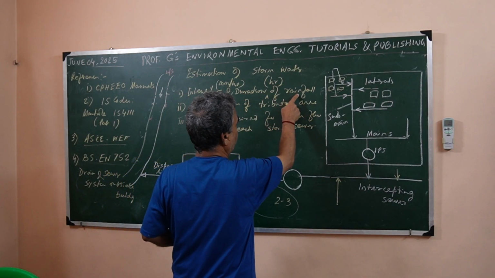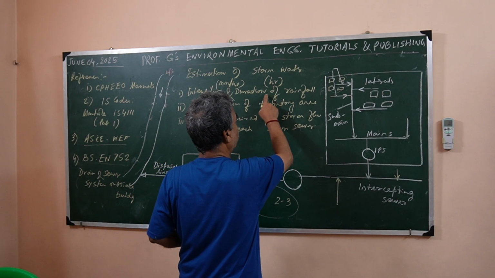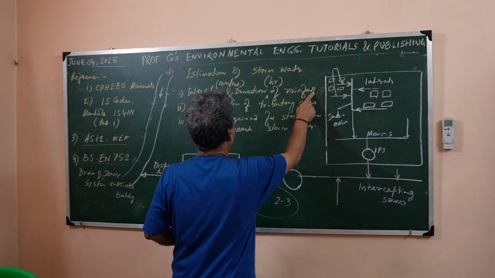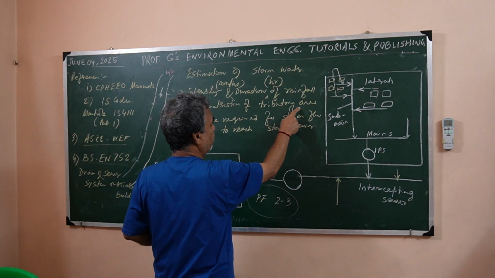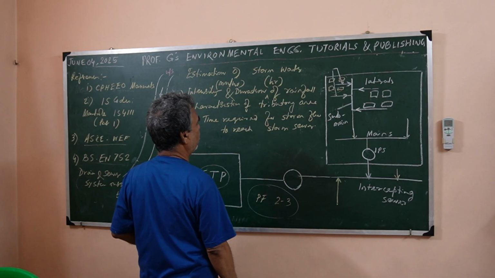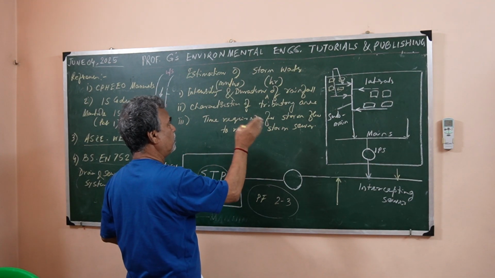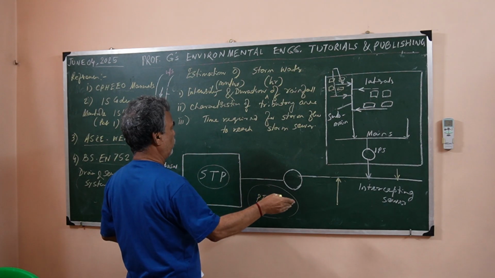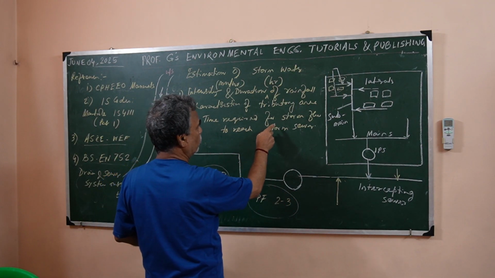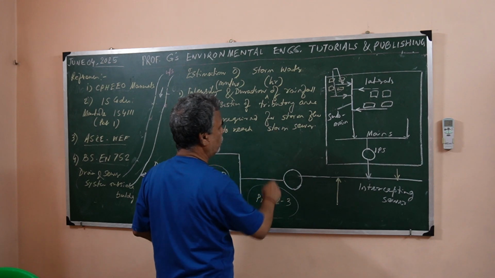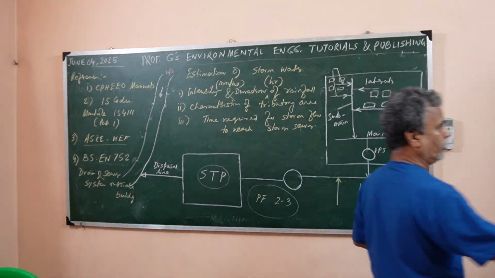If duration of rainfall is more, then also the runoff will be more. Characteristics of the tributary area, what I have already discussed, if it is pervious, then less runoff. If it is impervious, then more runoff also. Then the time required for the storm flow to reach the storm sewer.